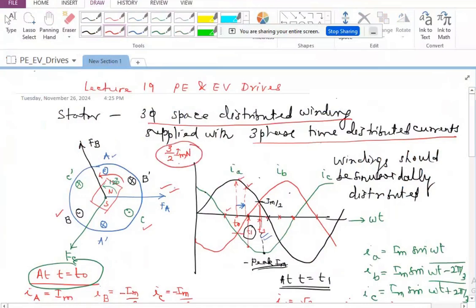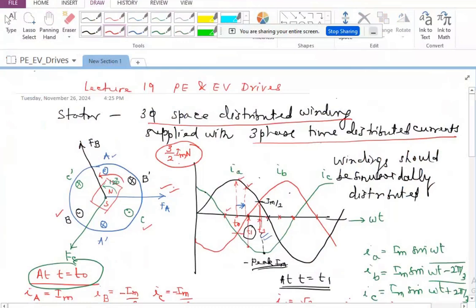This is going to be the magnetomotive force manifested by the three-phase sinusoidal current supplied to three-phase space distributed winding. And this was a brilliant discovery by Tesla.